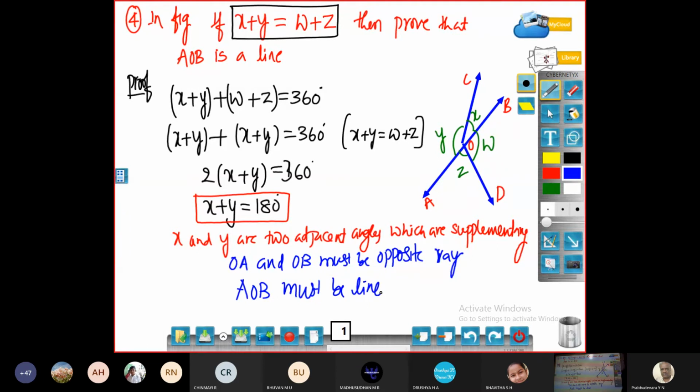So you cannot take AB as a line in the beginning itself. Some confusion was there in the beginning. Now you understood what is that? Yes, sir. Note down this now.